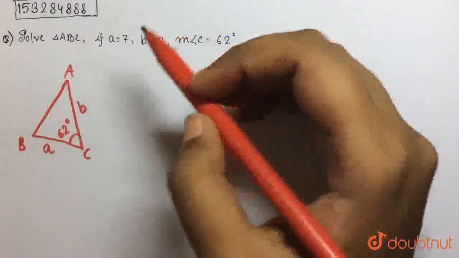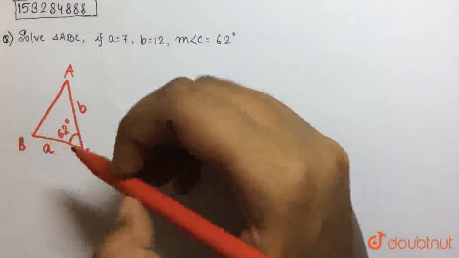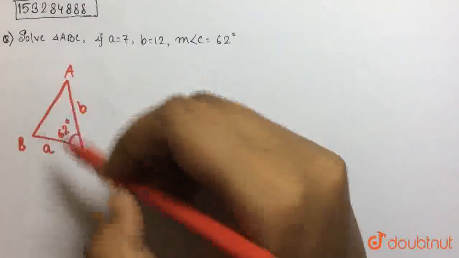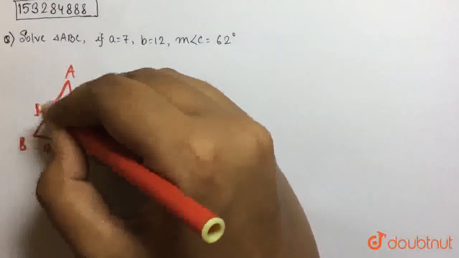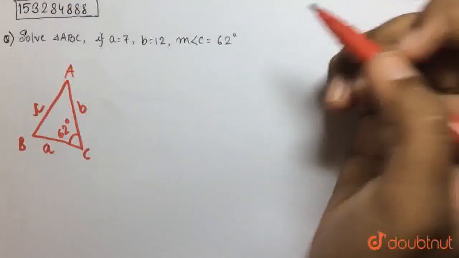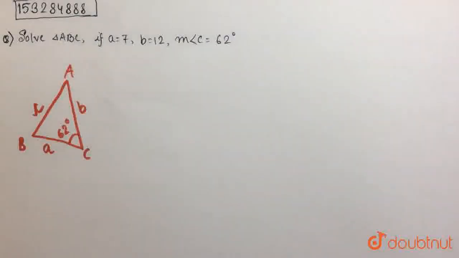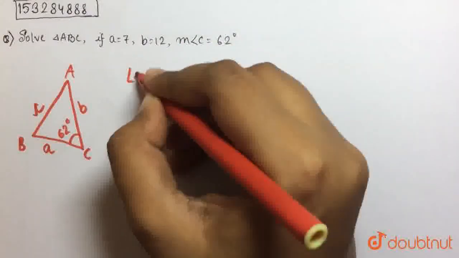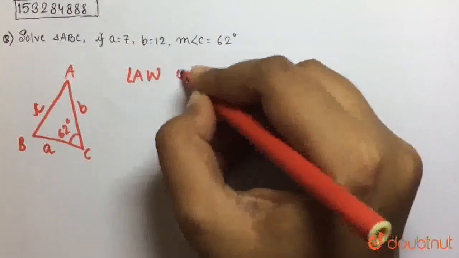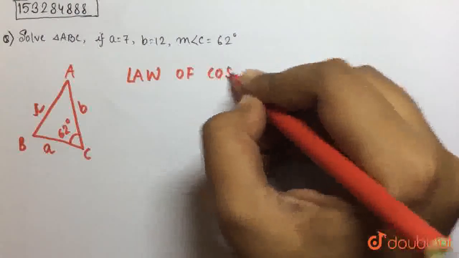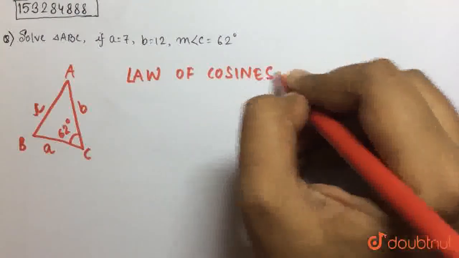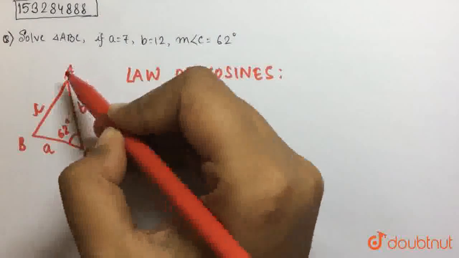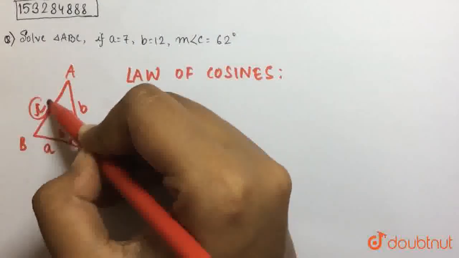So AC has a dimension of 12, and the side opposite vertex C is given by small c. So what we are going to do here is, first we are going to use the law of cosines to find the dimension of AB or small c.